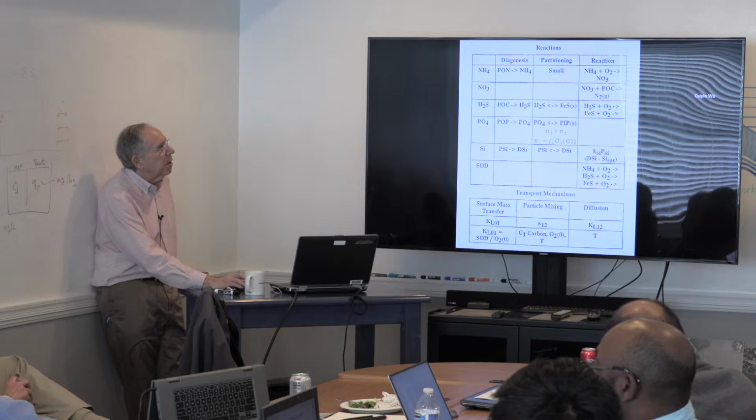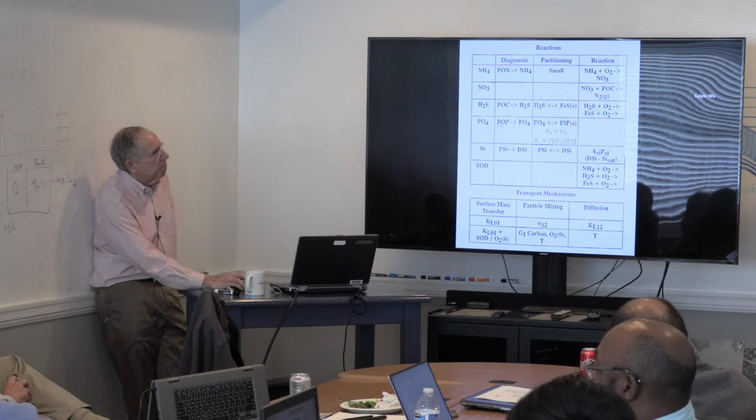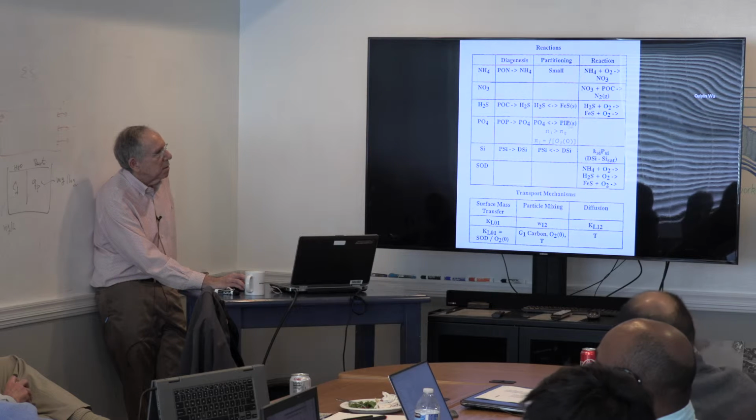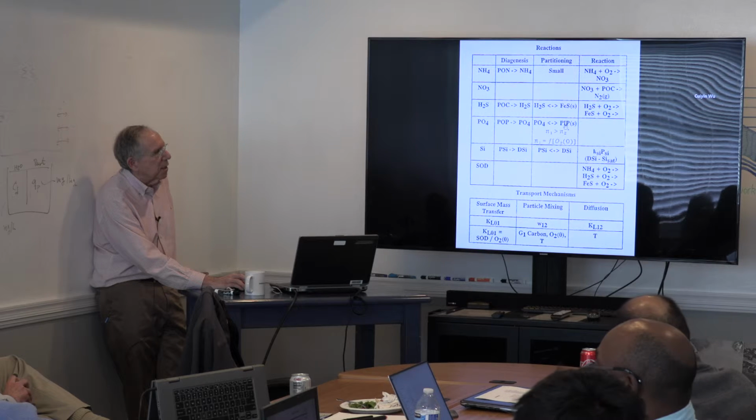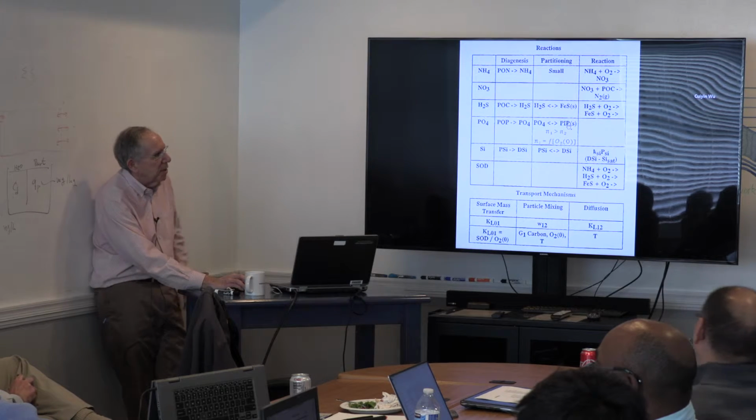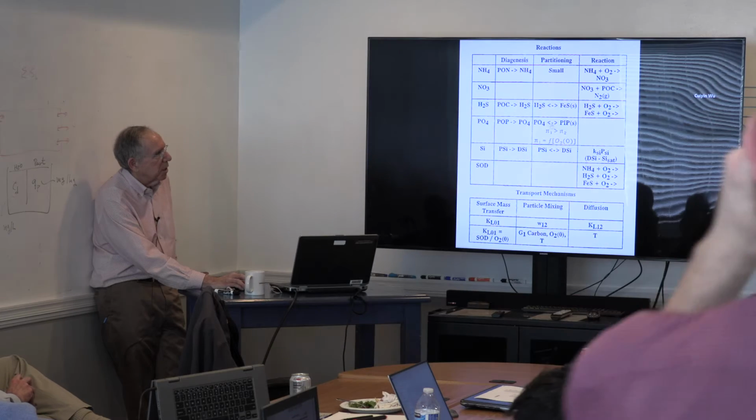It's not enough to worry about. Nitrate is simply denitrified to nitrogen gas. Phosphorus, particulate organic phosphorus, gets turned into phosphate, and the phosphate partitions between the dissolved phosphate and the particulate inorganic phosphorus. Carl mentioned that. I'll tell you about the partitioning in a minute.